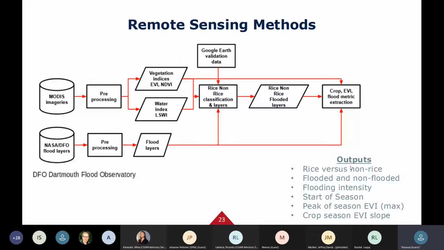the core objective was to document the adoption of the flood-tolerant seed. And from a remote sensing perspective, this meant that we needed to gather data around three steps, if I can put it that way. One was to document where we have rice production, rice area, and where we don't. The second was where we have occurrence of flooding and where we don't, or to which intensity we do have this occurrence of flooding.